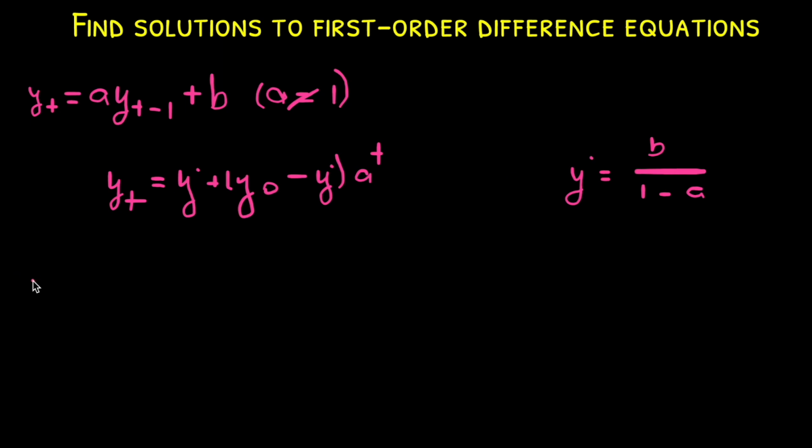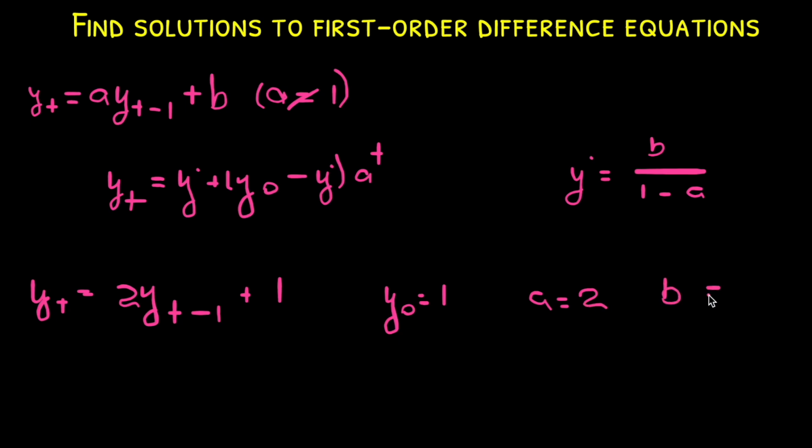Now let's consider the case where yt equals 2 yt minus 1 plus 1 with y0 equal to 1. In that case, a equals 2 and b equals 1. So we can find what y star is equal to. y star equals b divided by 1 minus a, equals 1 divided by 1 minus 2, equals 1 divided by minus 1, and that equals minus 1.